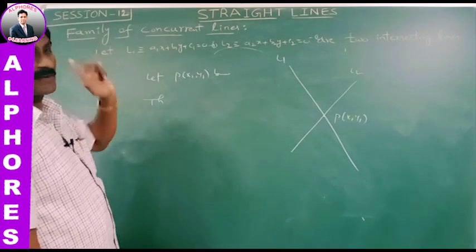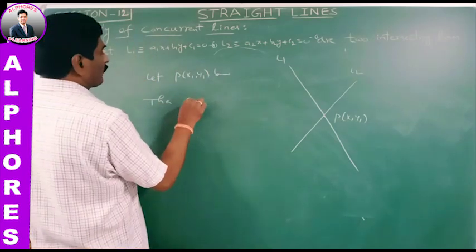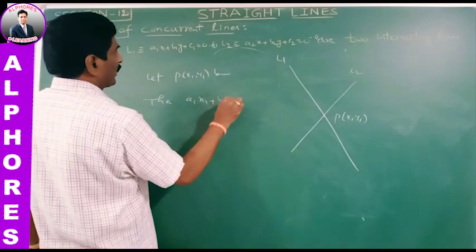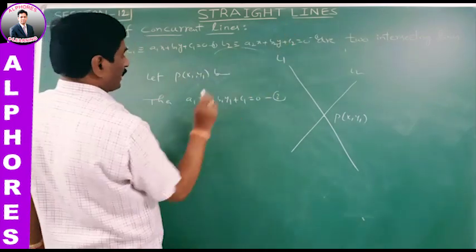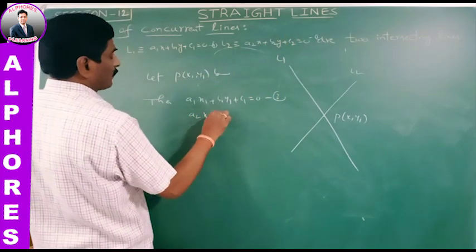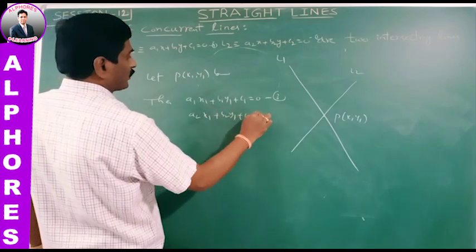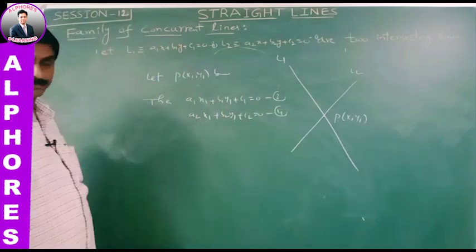Substituting this point in equation 1, we get a1x1 plus b1y1 plus c1 is equal to 0. It is equation number 3. And substituting this point in equation 2, a2x1 plus b2y1 plus c2 is equal to 0. Say this equation is 4.